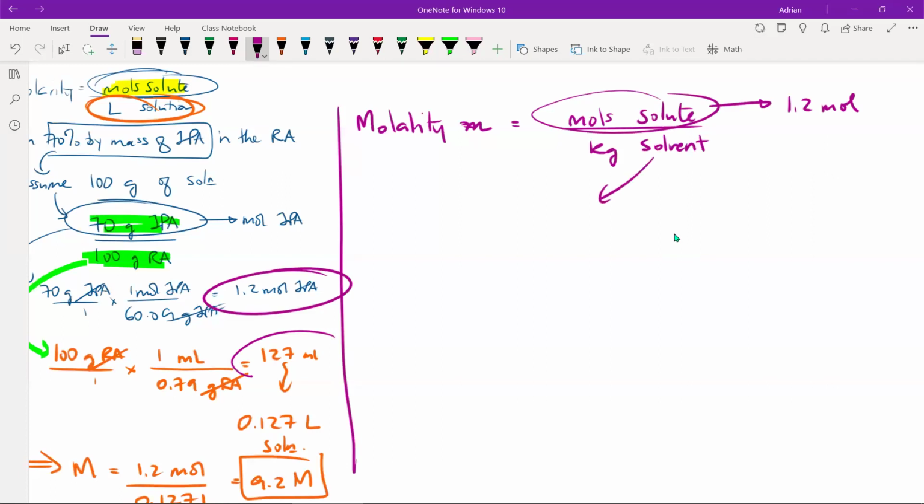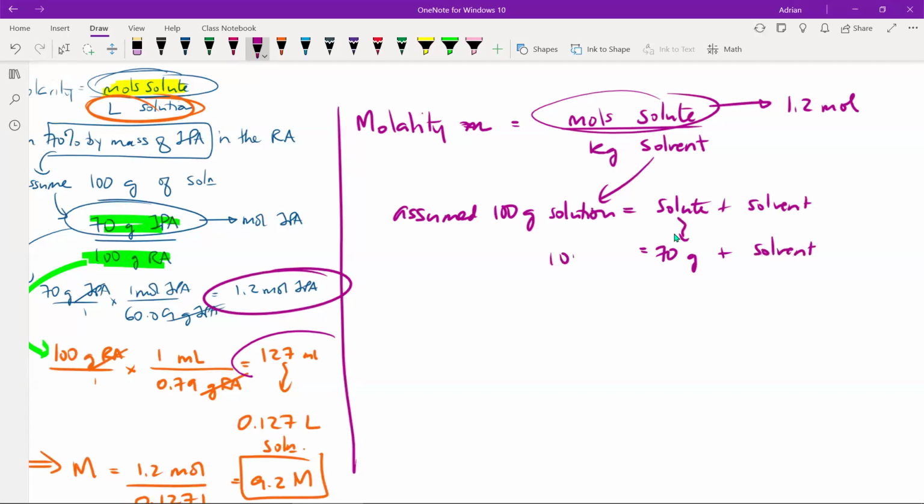So we know that we assumed 100 grams of the solution. Remember, the solution is the sum of the solute and the solvent. Well, the solute there was 70 grams because it was a 70% solution.